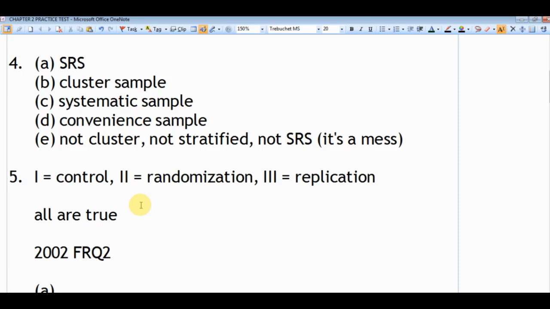So it could be person 1, 2, and then person number 93. They could all be part of the same sample. Now, if you use a simple systematic sample, that's not possible. So SRS is a specific kind of randomized sample.